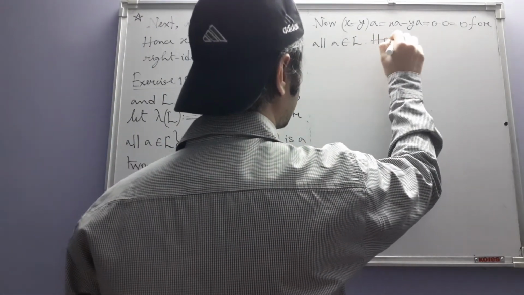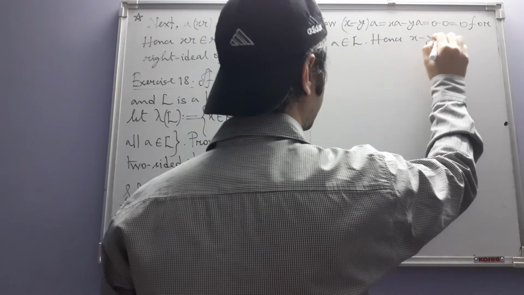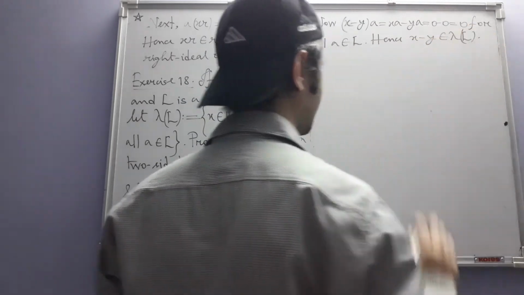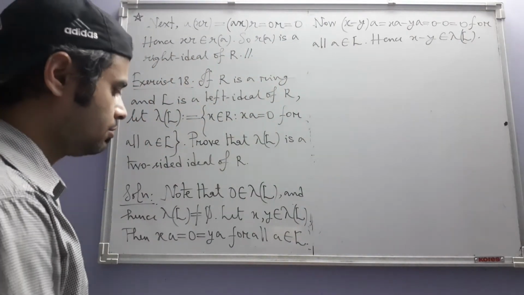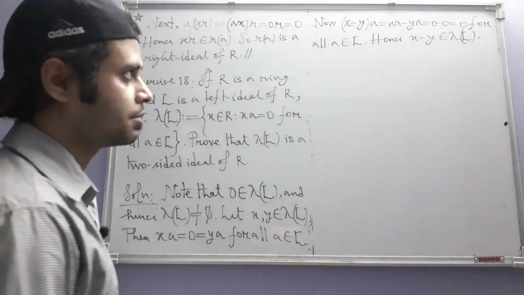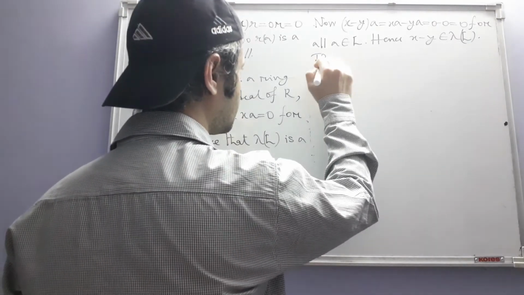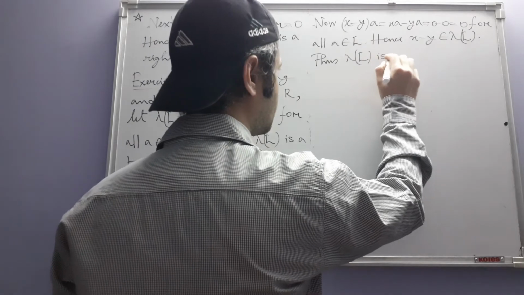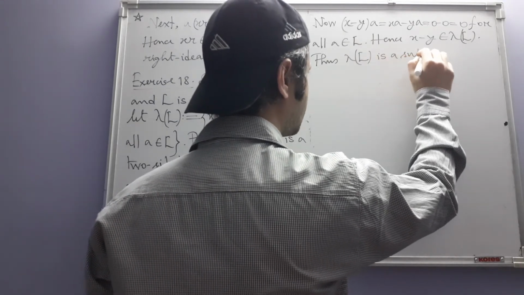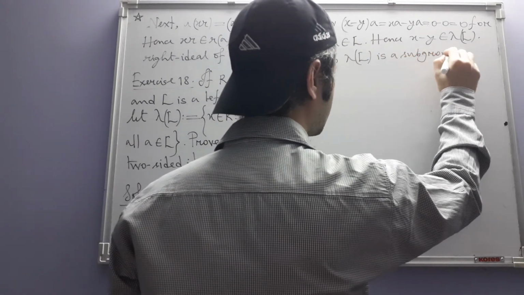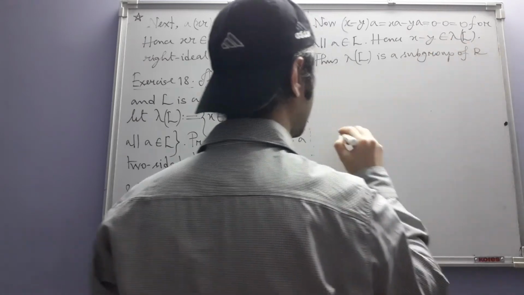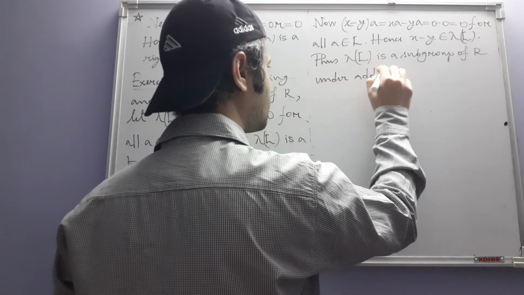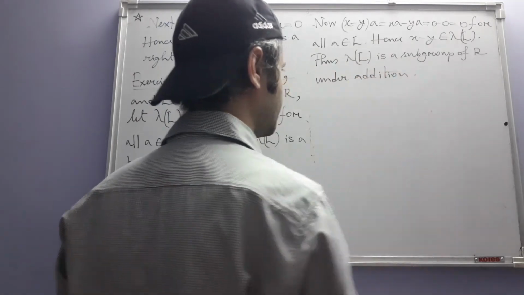Hence x minus y belongs to lambda L. So lambda L is an additive subgroup of R, a subgroup of R under addition.